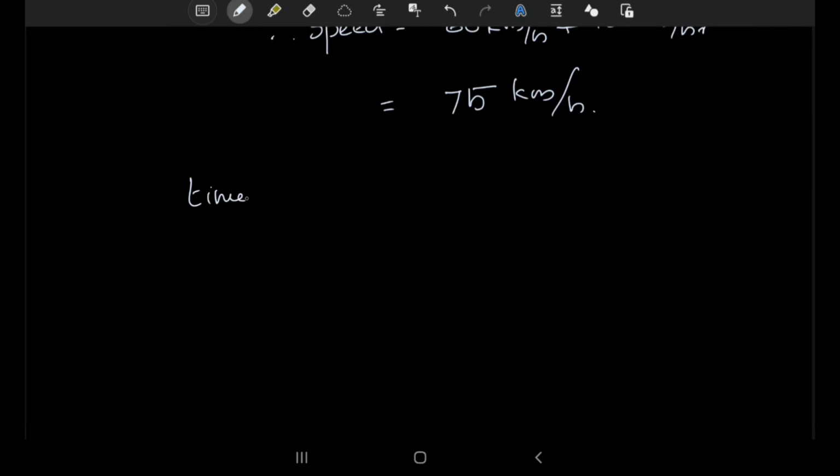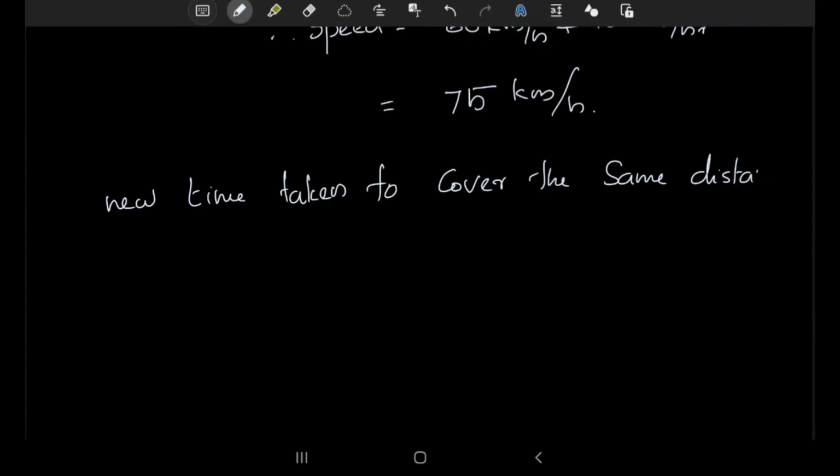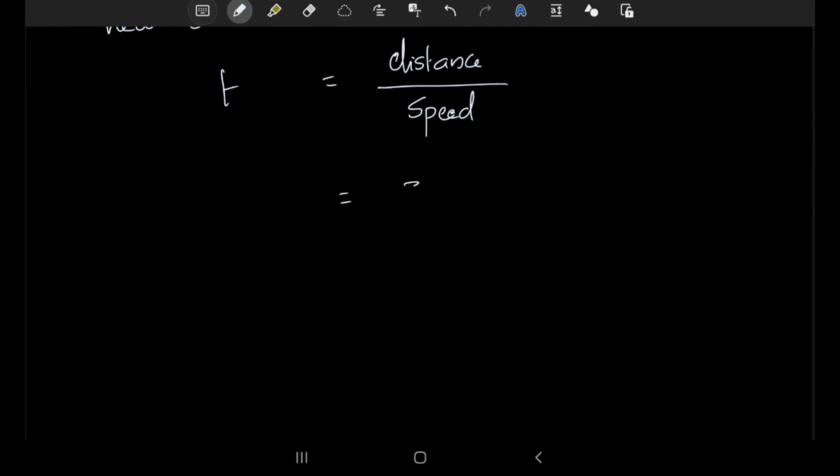So what will be the new time required to travel the same distance? The new time taken to cover the same distance, t, is equal to distance by speed, which is 300 by 75.